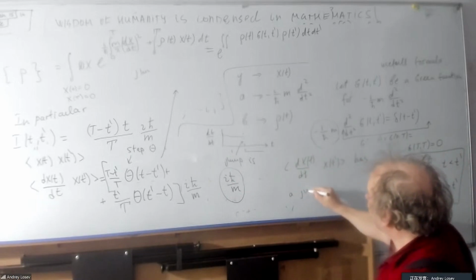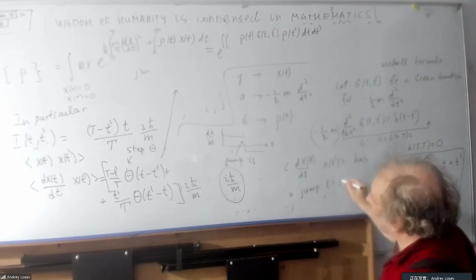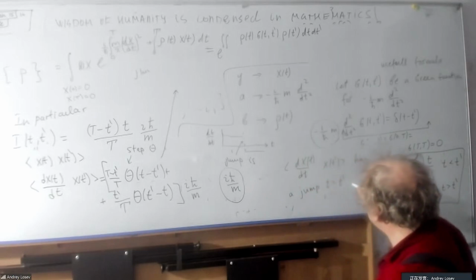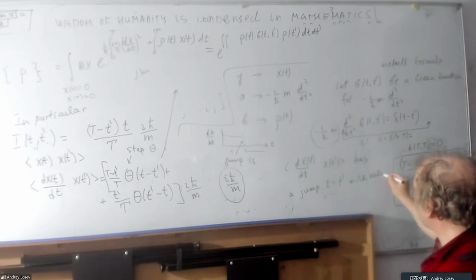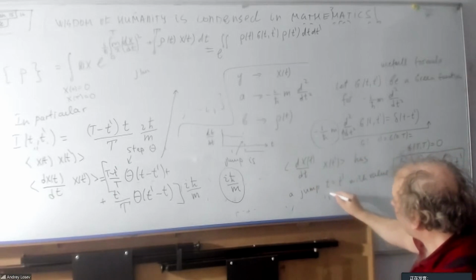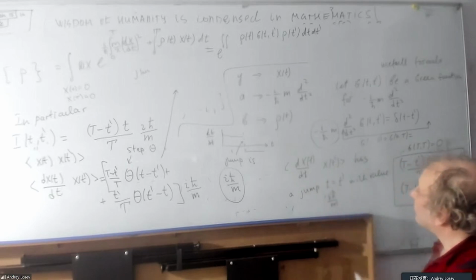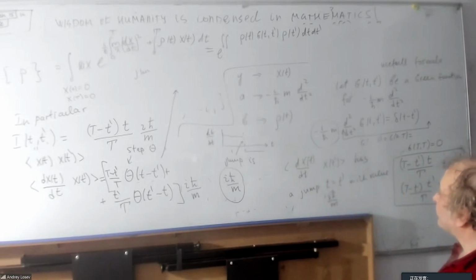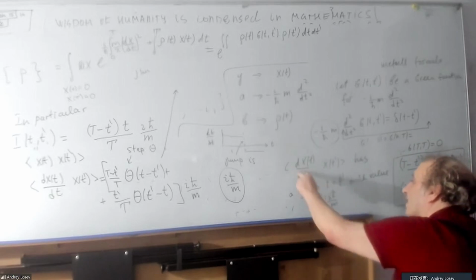It has a jump at t equals t prime. And this is the value, I H over M. Let me take this M back here.